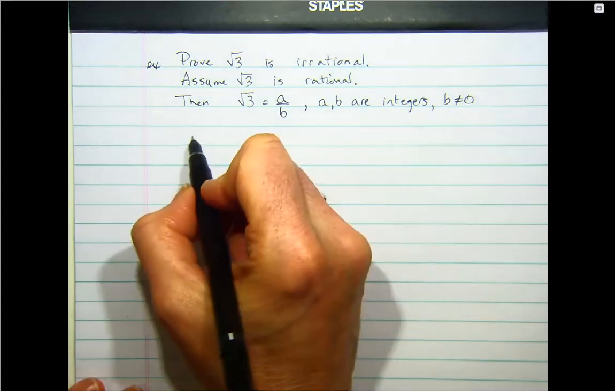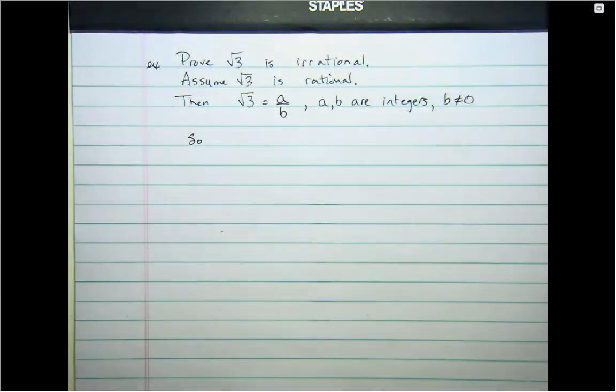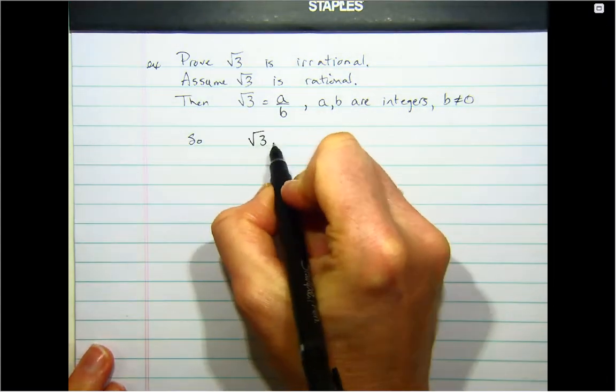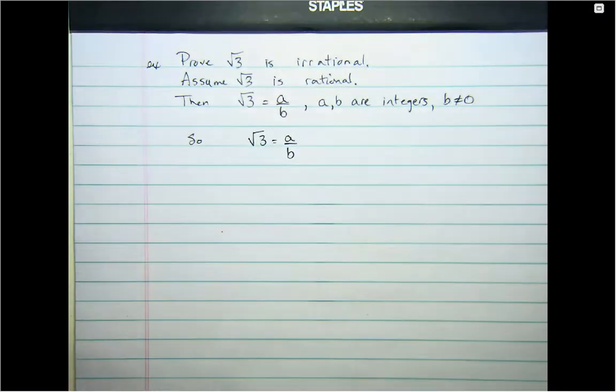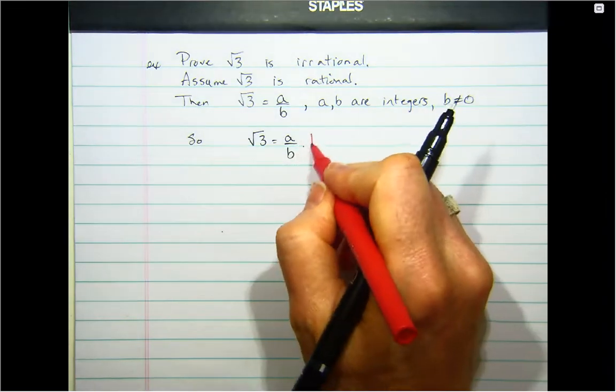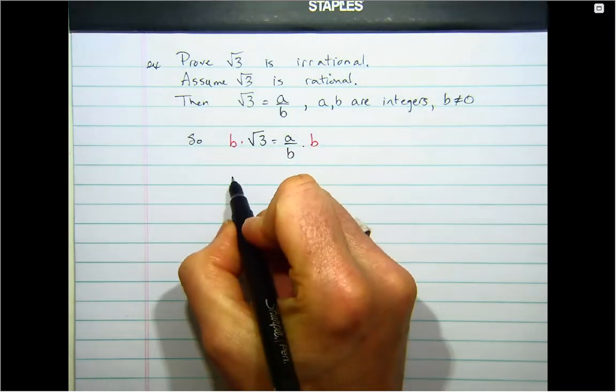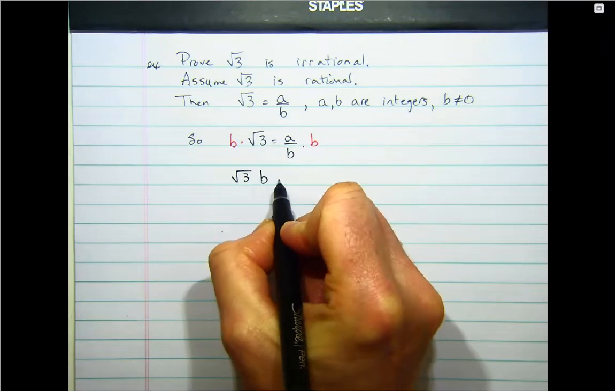So we can do a little algebra after that. Okay, first we say what does it mean to be rational, and then we do a little algebra and follow the consequences. So we'll take the square root of 3 equaling a over b, and we multiply to get that denominator to multiply away. Multiply both sides of the equation by b. And we get the square root of 3 times b equals a.